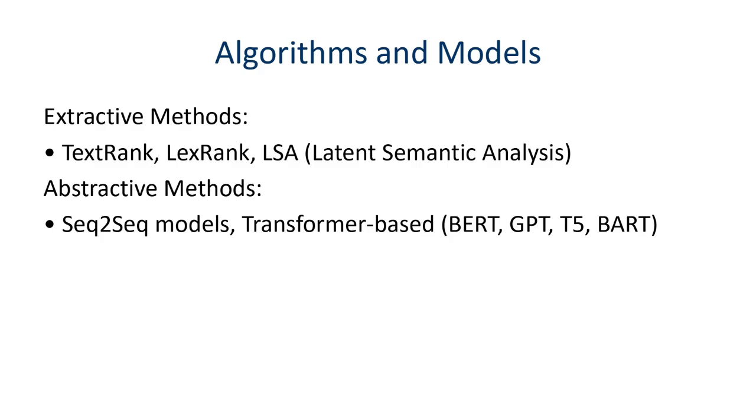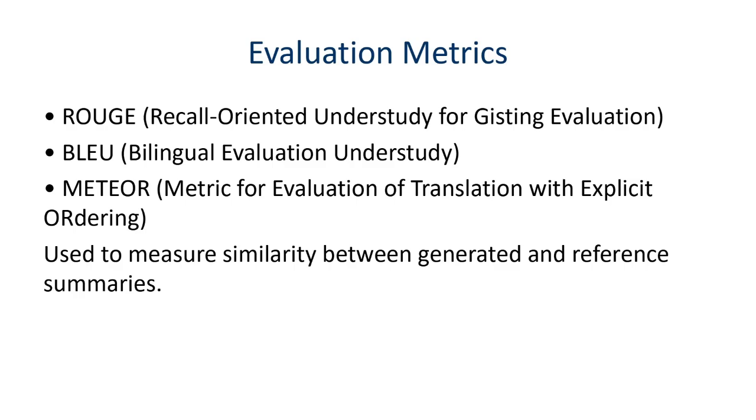Now let's talk about how to evaluate text summarization. To measure the quality of a summary, researchers use evaluation metrics like ROUGE, BLEU, and METEOR. ROUGE compares the overlap between the system's summary and a human written reference.